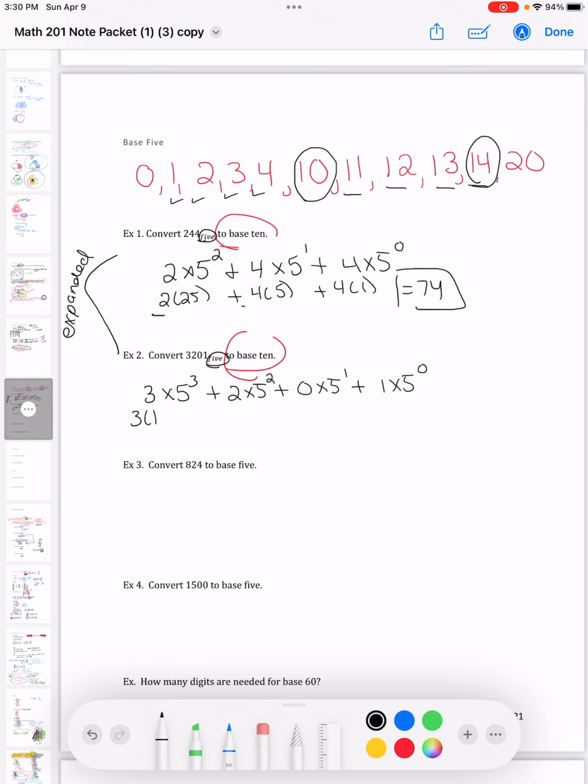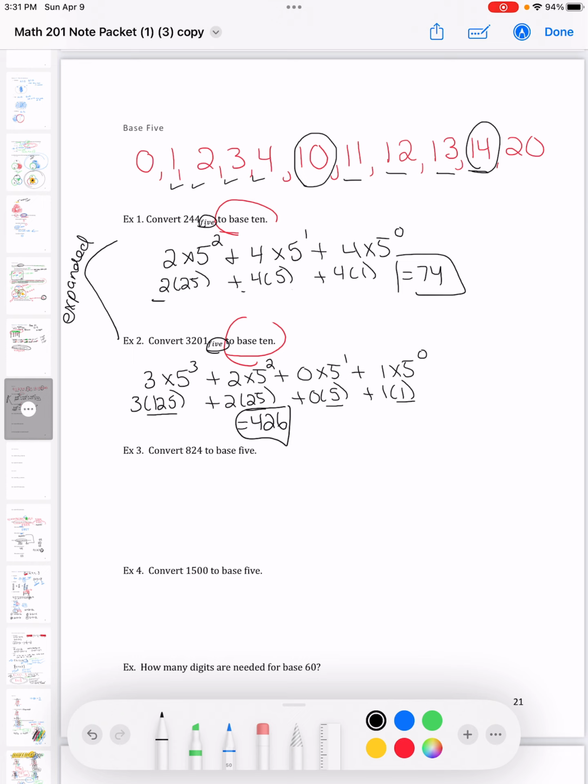Again, you can type this in all the way as it is, or if you want to reduce it down before you type it in, you can. Again, ones place, fives place, 25s place, 125s place, because 5 cubed is 125, just like 10 cubed is 1,000, and we call that the thousands place. I would type this in and I would get 426.